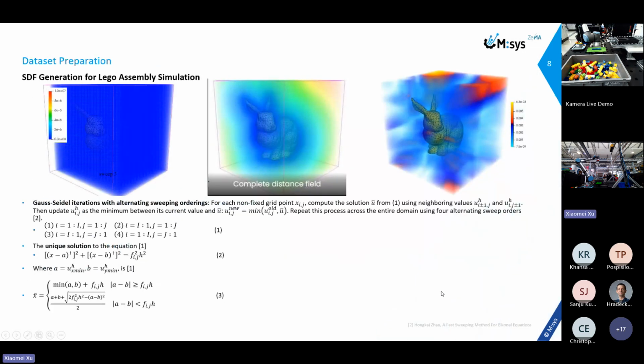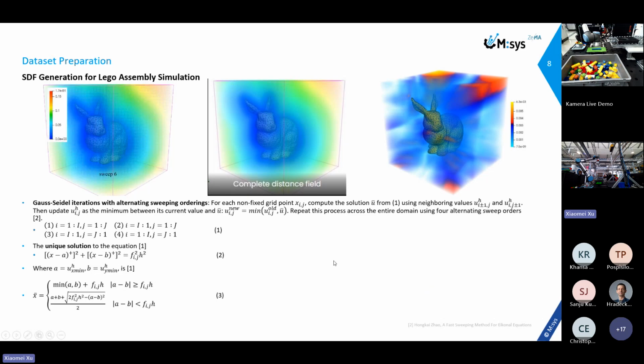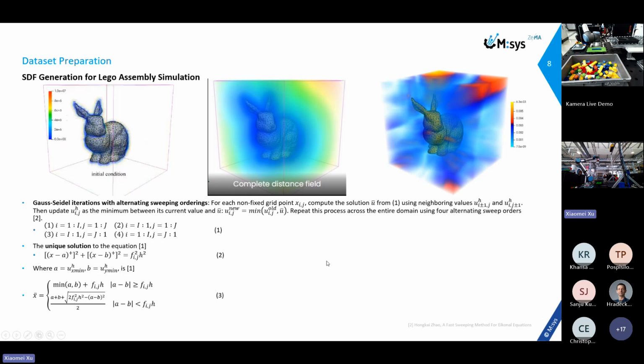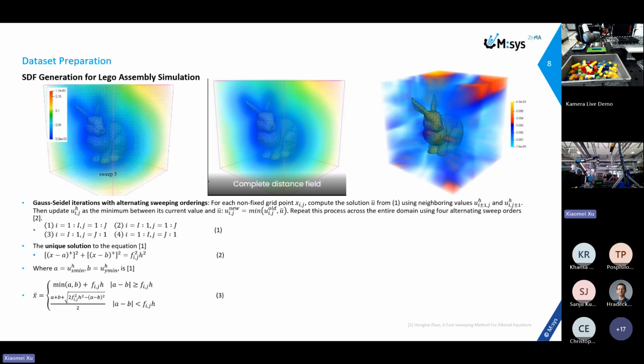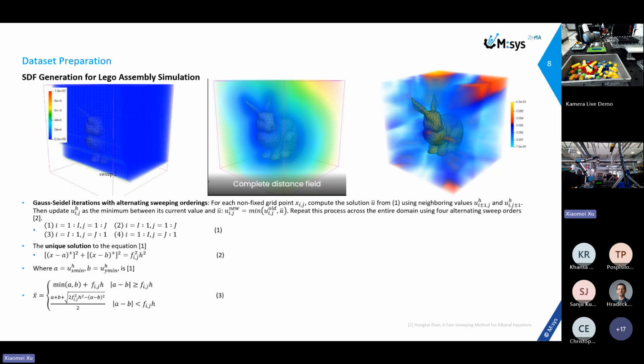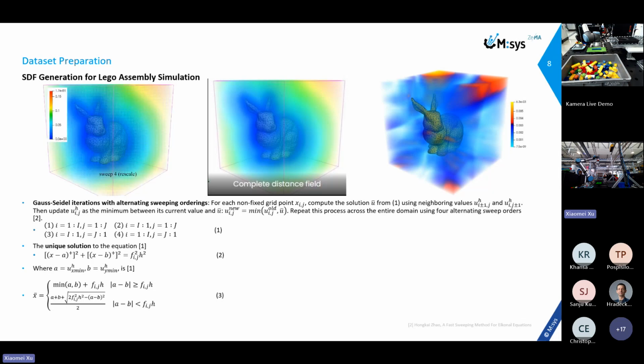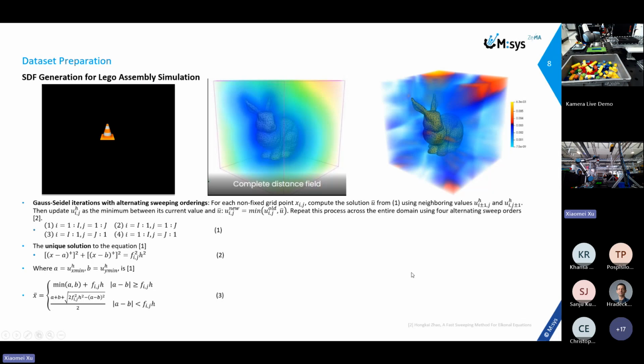The point cloud data of each component will be processed to compute its corresponding signed distance frame. Why is it important? Because the signed distance frame helps to detect collisions in physical simulations and helps the sequence planner check the structure stability.